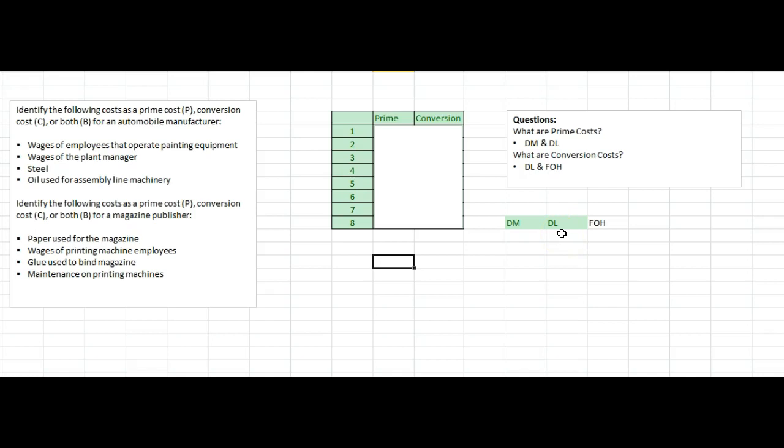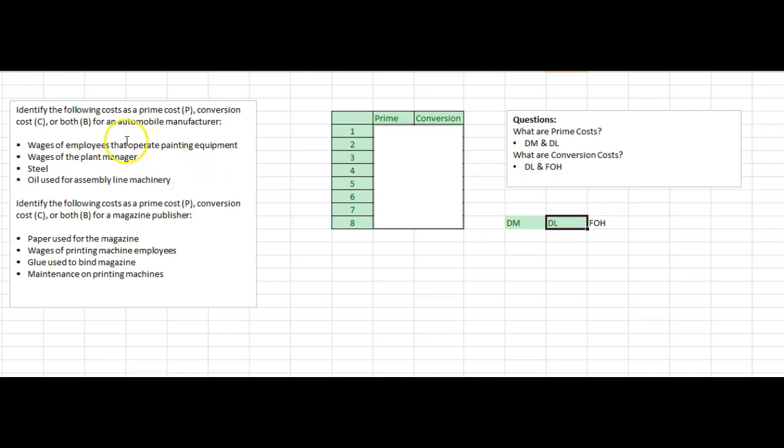Other costs are also called conversion costs, which are costs that are used to convert the materials into the product. And that involves direct labor and factory overhead. So direct labor can be both in prime costs and in conversion costs. So it kind of goes both ways. But direct labor is a prime cost under certain circumstances and a conversion cost also.